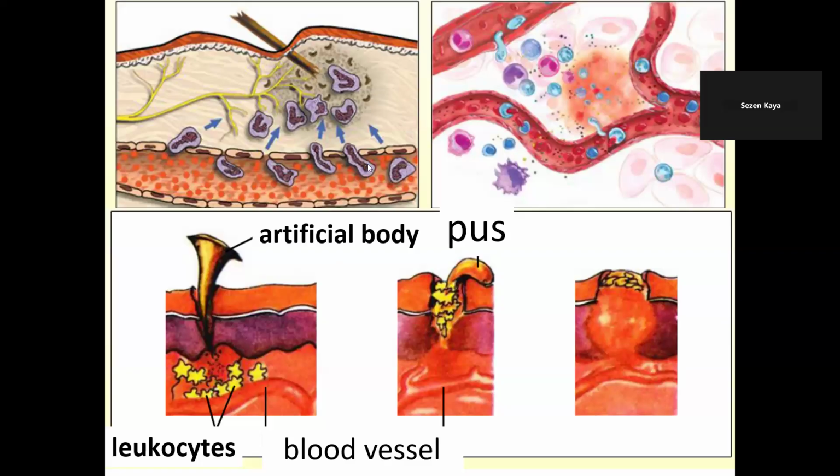This process is named diapedesis, and they move out of the bloodstream to the source of the antigen location, and there they begin fighting.